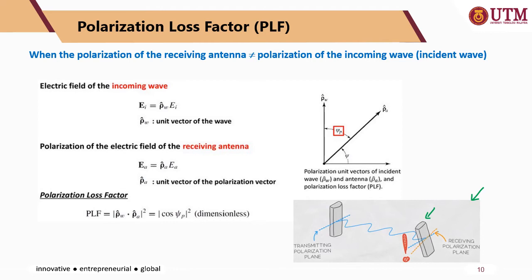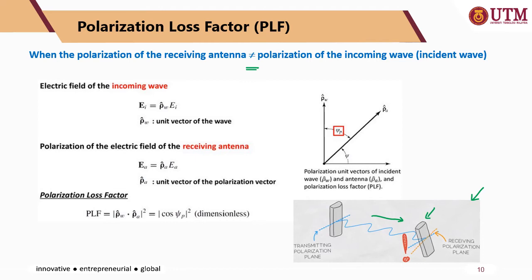The PLF, or polarization loss factor, happens when the polarization of the receiving antenna is not similar to the polarization of the incoming wave, this is the incoming or incident wave. So when a mismatch happens, the power from the incident wave cannot be extracted at the maximum level. So there may be distortion in the received signal.